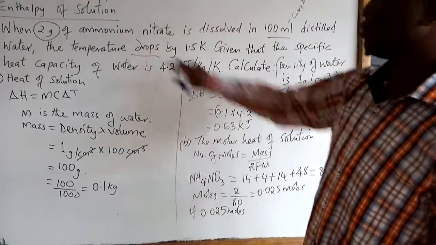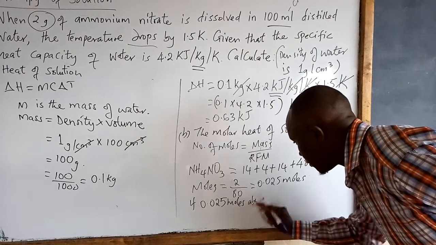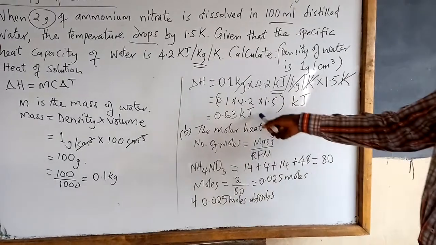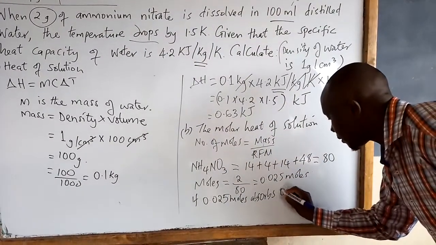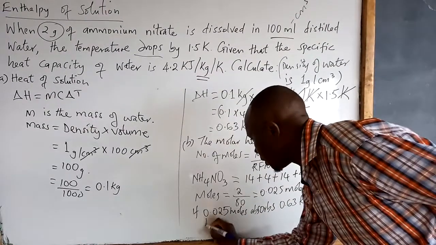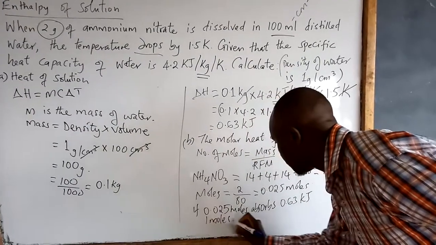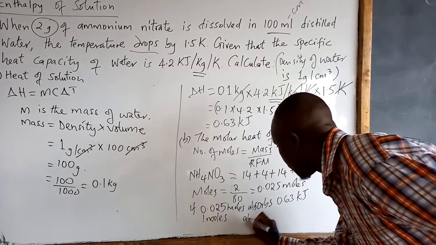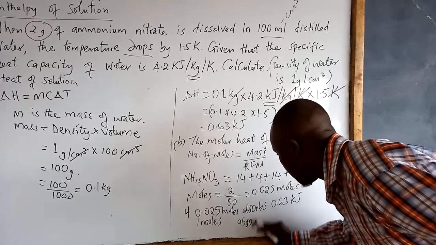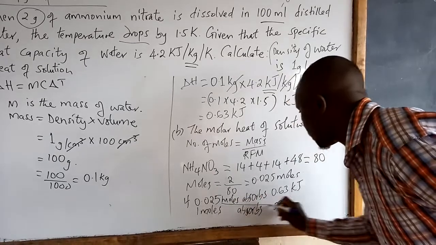From here the temperature dropped, so heat was absorbed, so this absorbs this amount of heat, 0.63 kilojoules. Now 1 mole will absorb, let's say X.